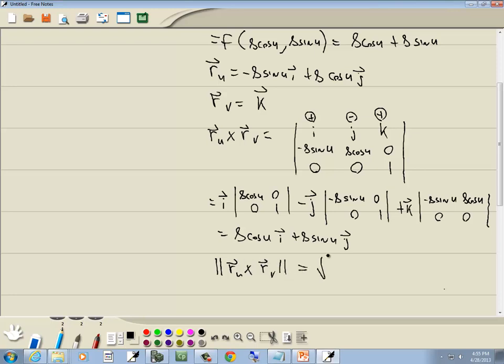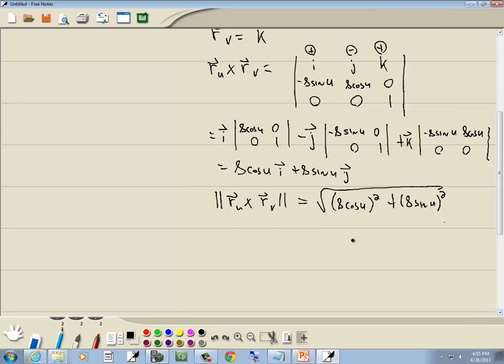So we're going to have the square root, and we'll have 8 cosine u squared plus 8 sine u squared, which gives us square root of 64 cosine squared u plus 64 sine squared u.